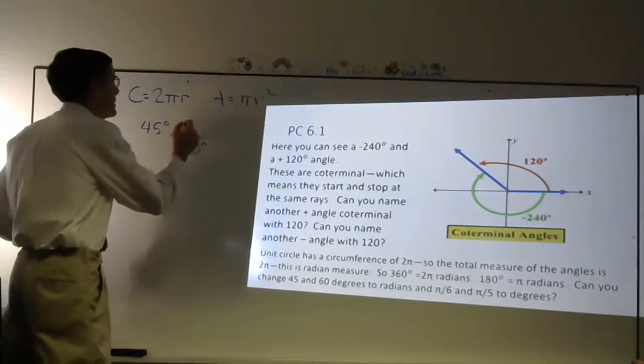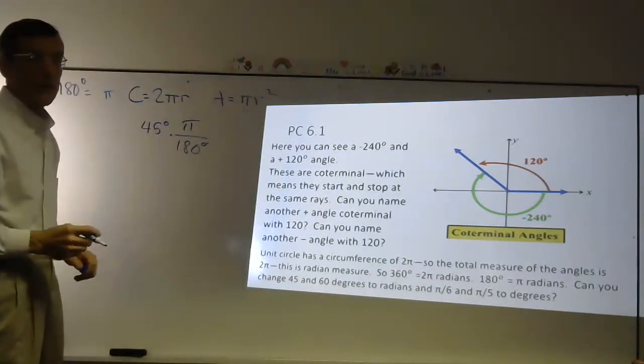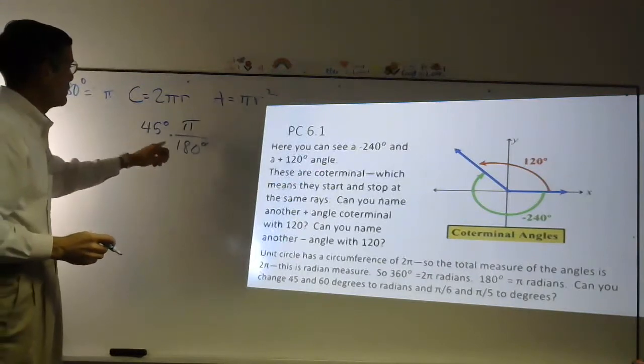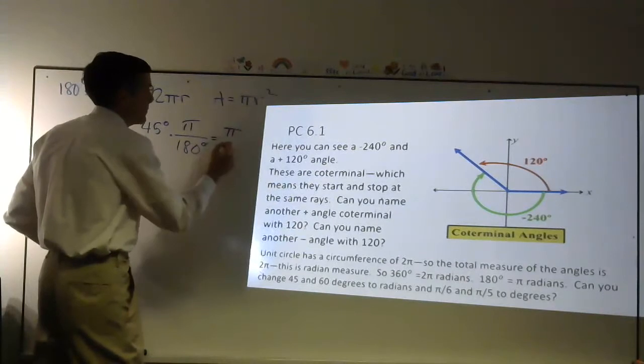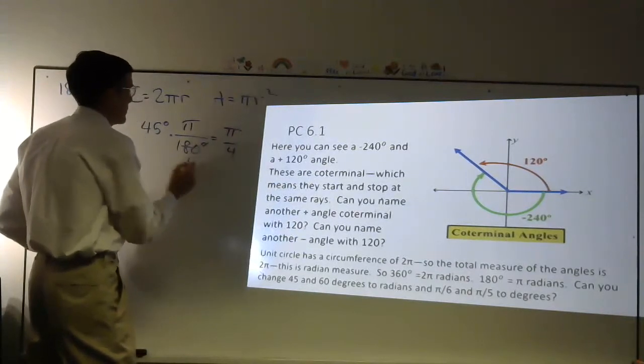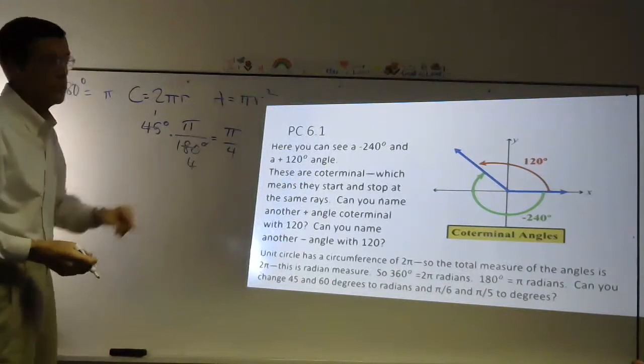All right. Now the degrees cancel. You see that? And 45 into 180 goes 4 times. So 45 degrees is pi over 4 radians.